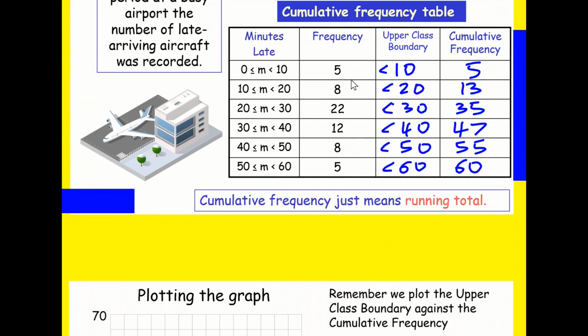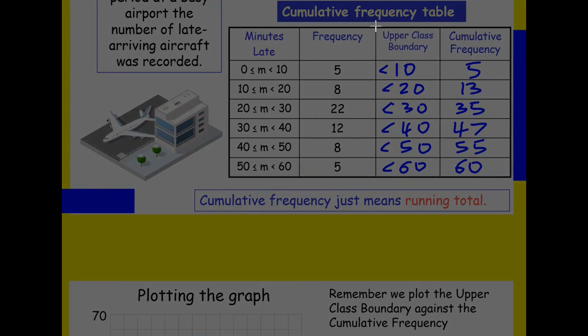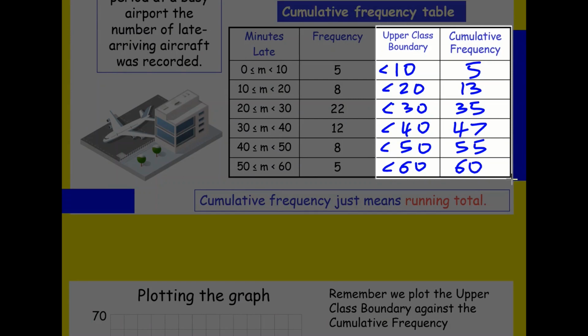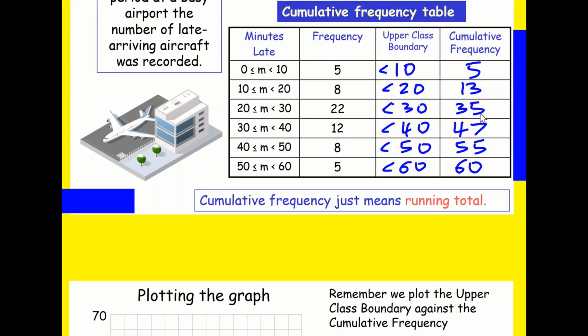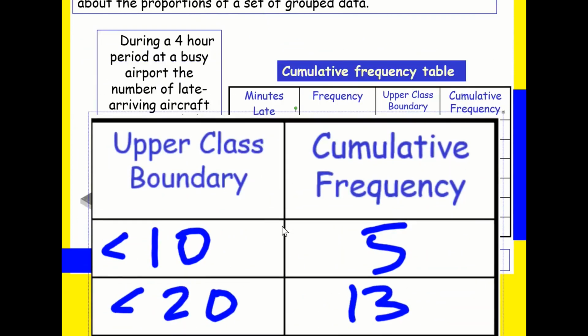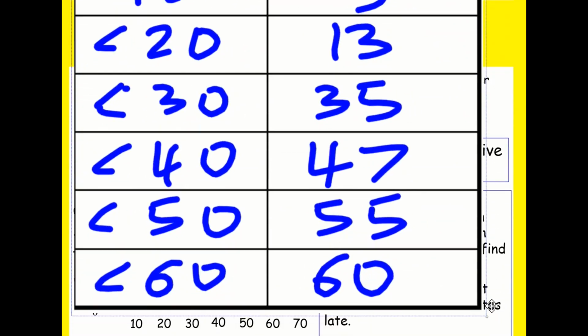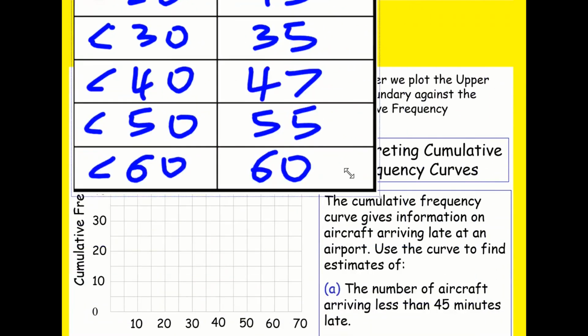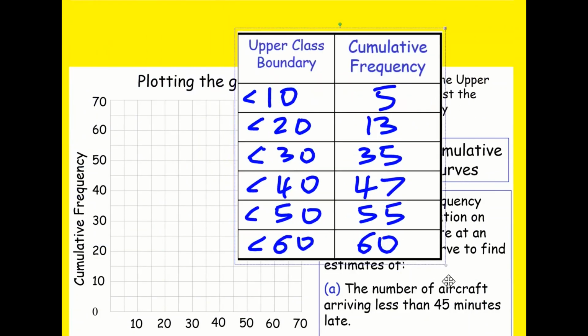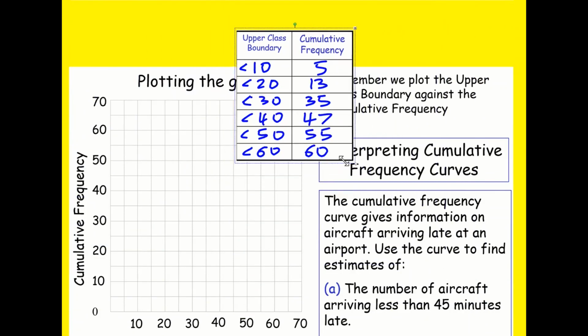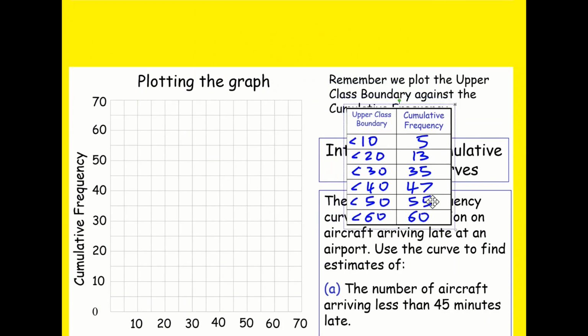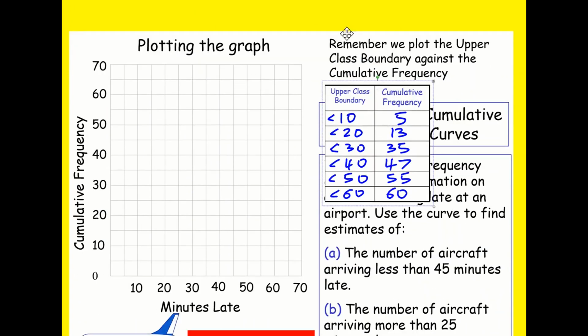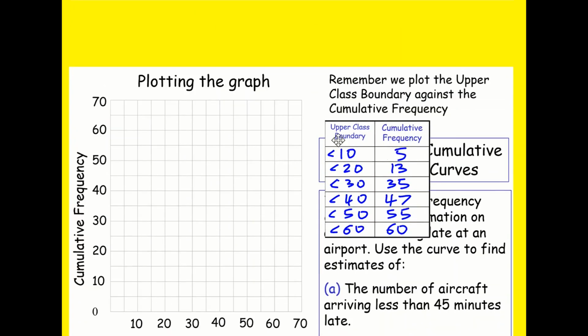So I'm first of all going to grab this table and bring it down. Okay, and I've already drawn the axes for you. And what we do is we plot the upper class boundary against the cumulative frequency.